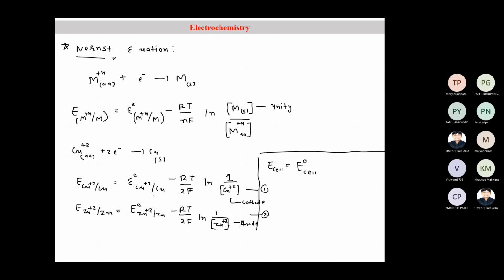Now minus RT upon 2F minus RT upon 2F, minus minus becomes plus. This is ln minus and this is ln plus.